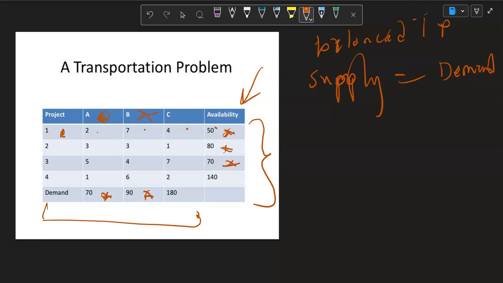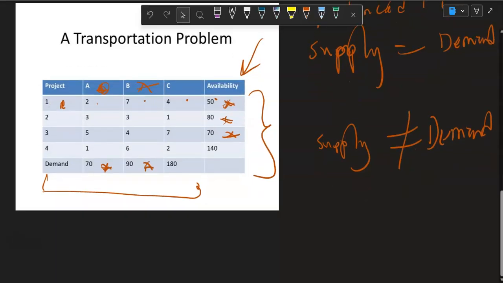Okay, then unbalanced, basically it's the opposite of this, where you have your supply not equal to your demand. Okay, so we are going to delve deeper on how we deal with each of these. Basically, when it is unbalanced, we are going to introduce what is called a dummy column, and we work it out as though it were a balanced transportation problem. But we are going to reach there when we reach there.